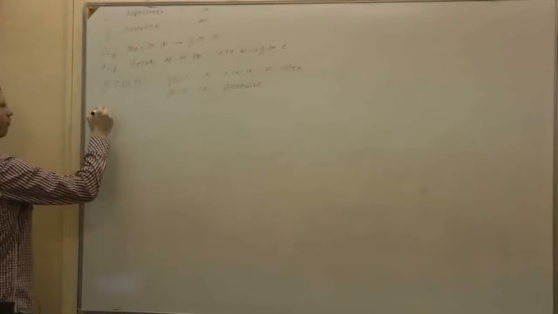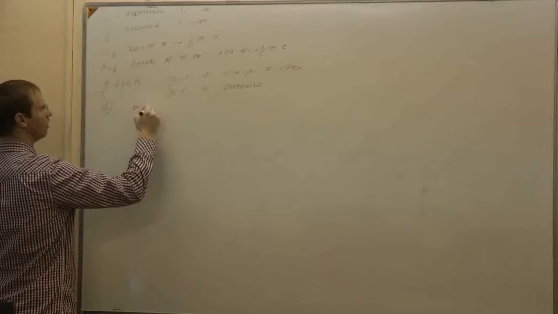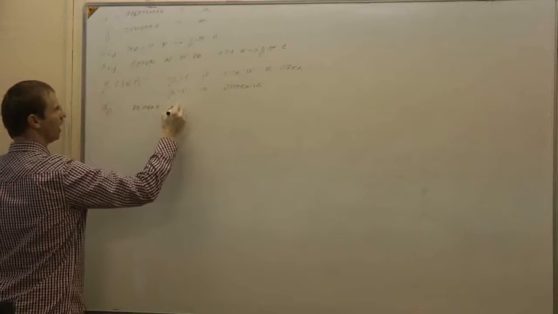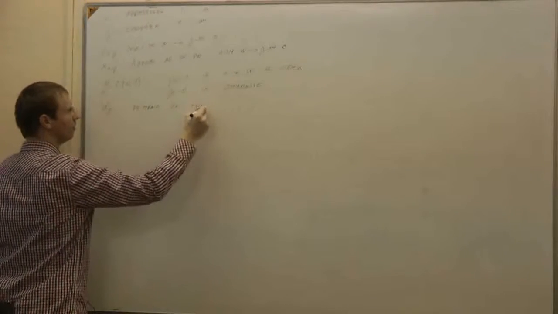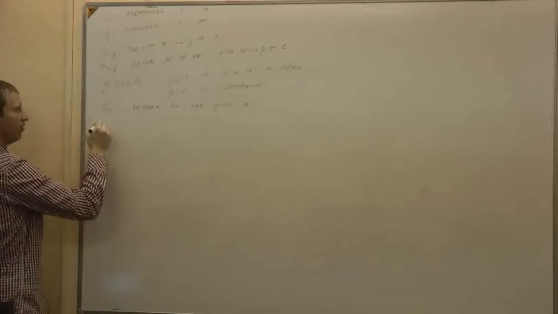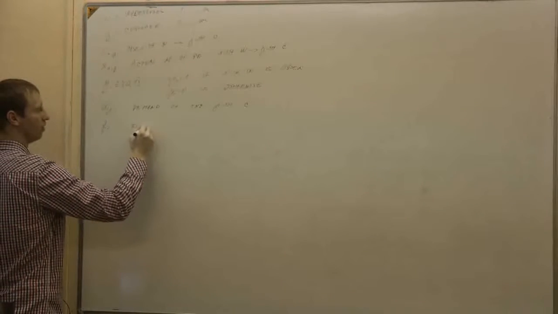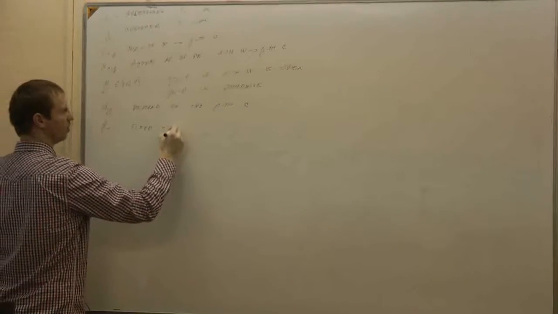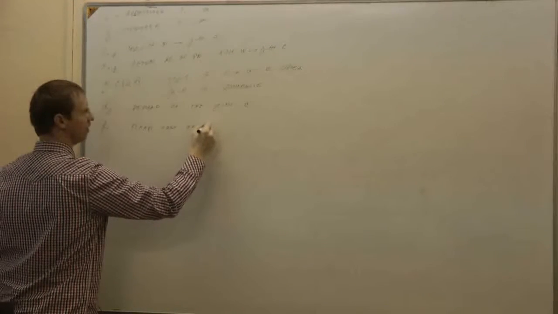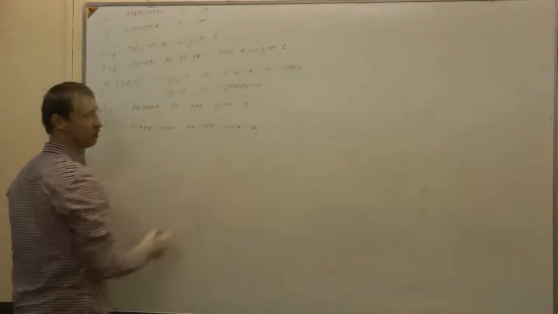And we have a couple of more constants here. So we have dj as the demand of the j's customer. We have fi as the fixed cost of the i's warehouse.